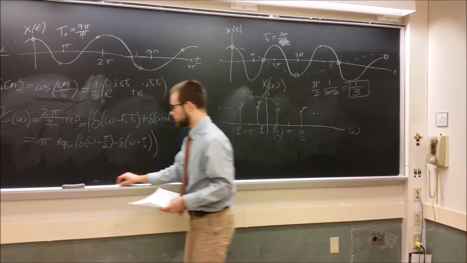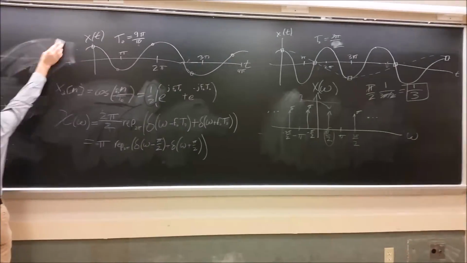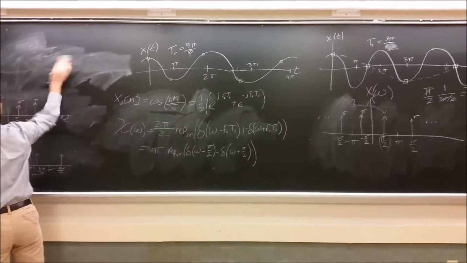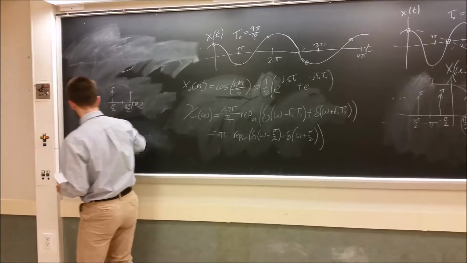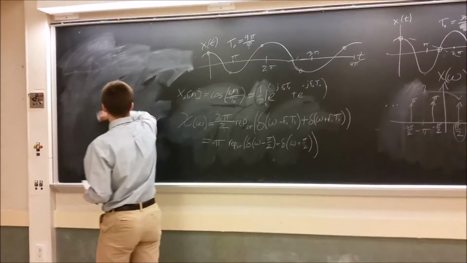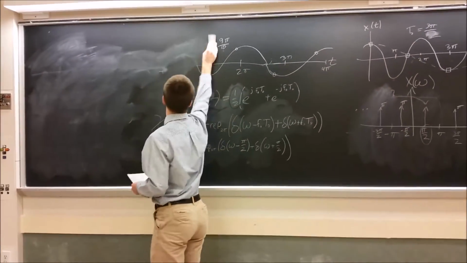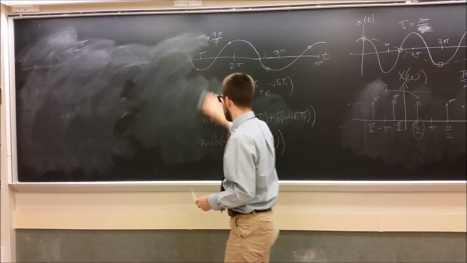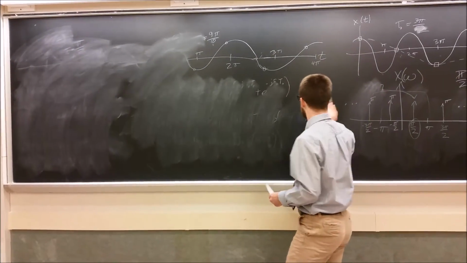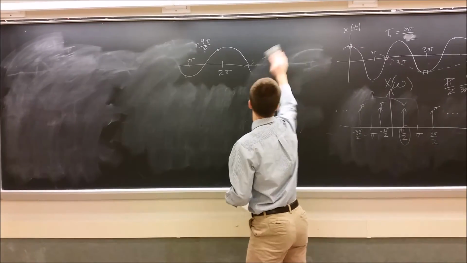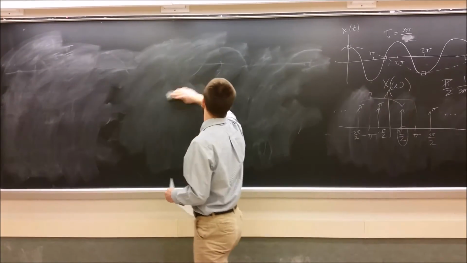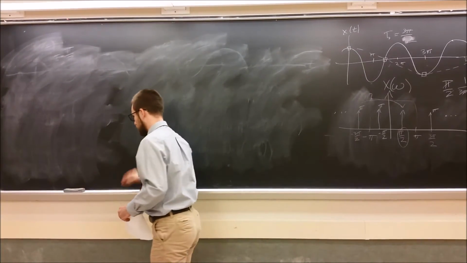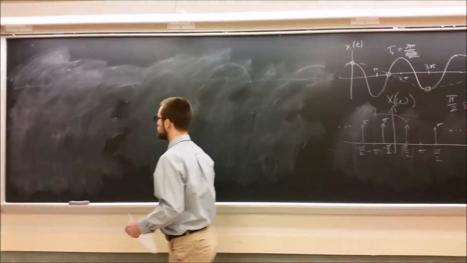Now, to generalize this, we can do this, of course, with any signal. And as we know, the Fourier transform basically tells us that pretty much any reasonable or well-behaved signal can be represented as a linear combination of sines and cosines.